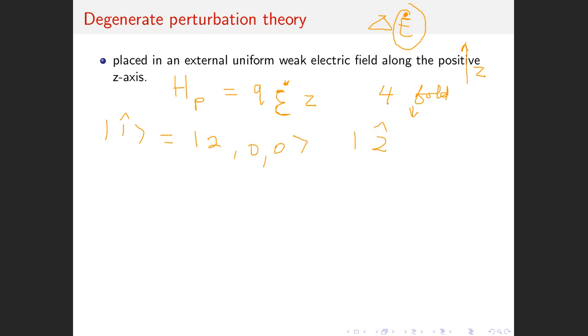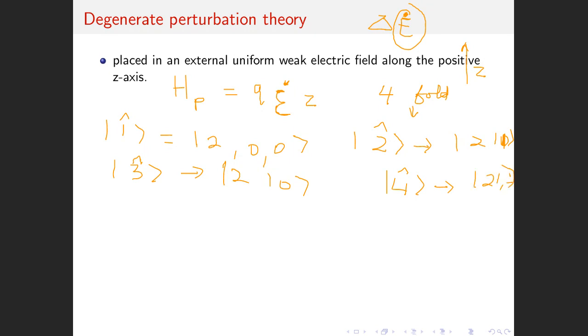Then the second vector I will call 2, 1, 0. The third vector I'm calling 2, 1, 1. So this means that the second one had to be 2, 1, 0. And then the fourth vector, I'm calling 2, 1, minus 1.